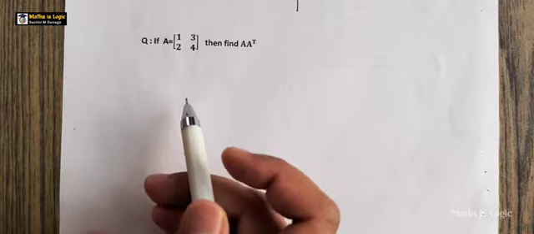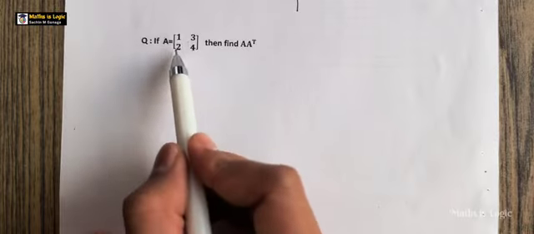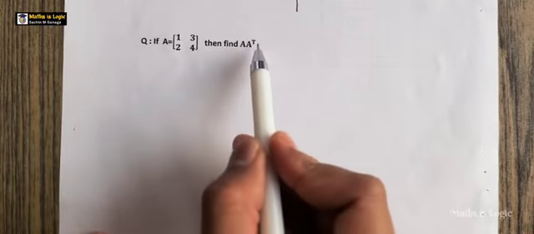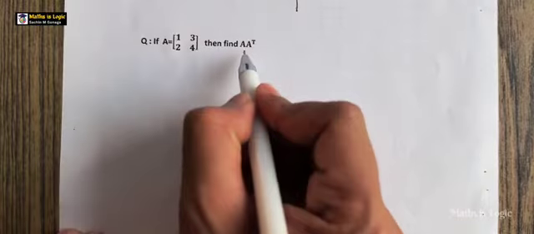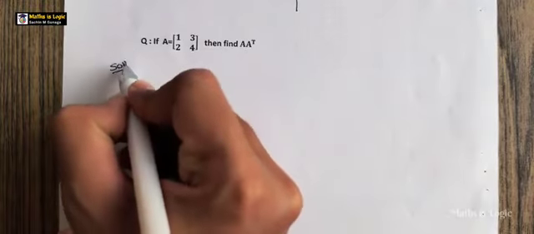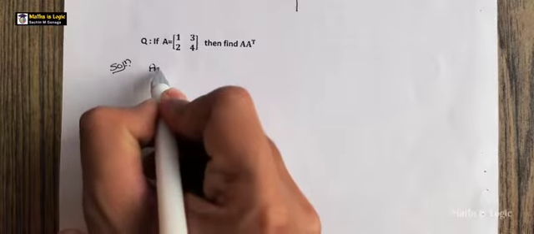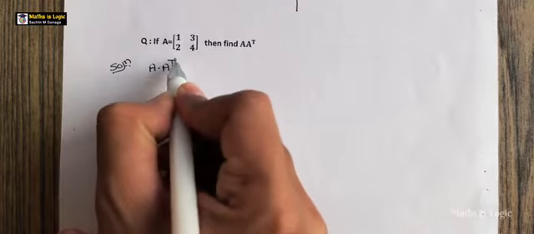Next type of question. A is equal to 1 3 2 4, find A into A transpose. So first mention this in the solution, A into A transpose.